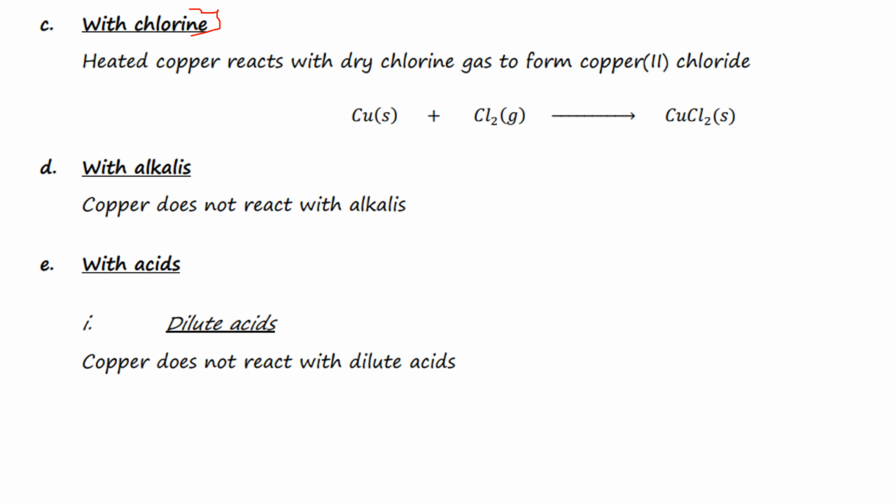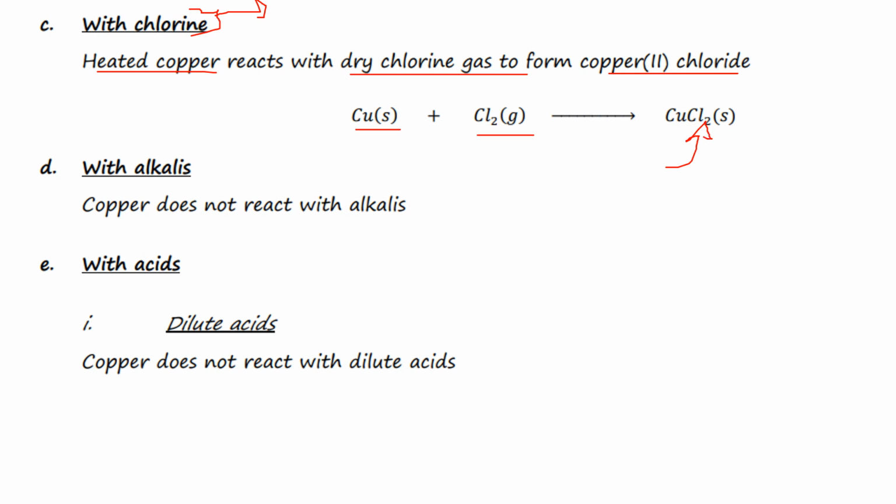Since chlorine is a gas, it must be dry. Your statement must contain the conditions for the reaction together with the products being formed. So heated copper reacts with dry chlorine gas to form copper(II) chloride. Copper as a solid reacts with chlorine gas, forming copper(II) chloride. Balancing follows the same criteria.